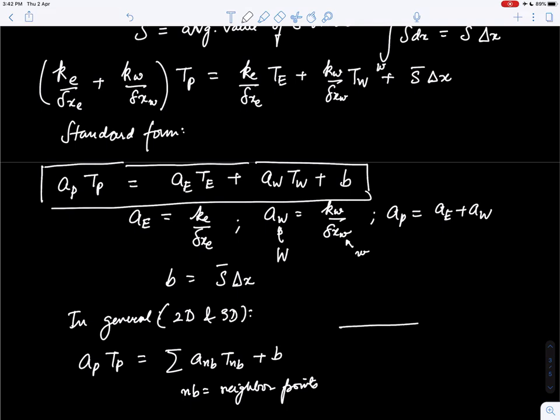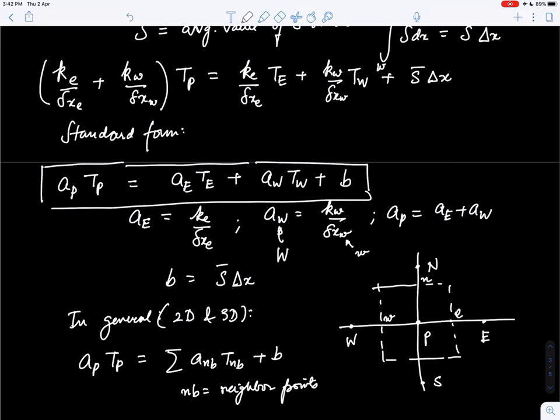Just to give you an idea, in 2D, if there is a point P, we can have its neighbors as W, E, and then N and S. So the control volume would be something like this, with the east face, the west face, the north face, and the south face. And so we will be solving the equation in this control volume.